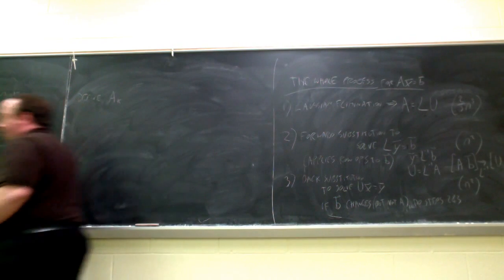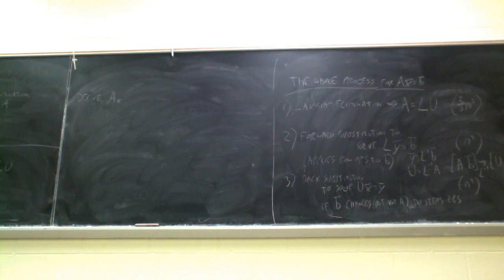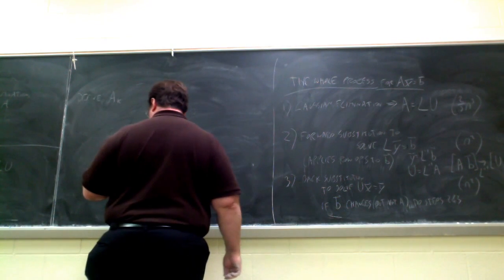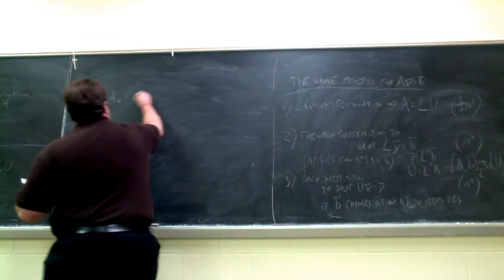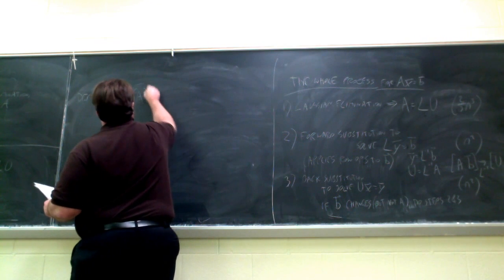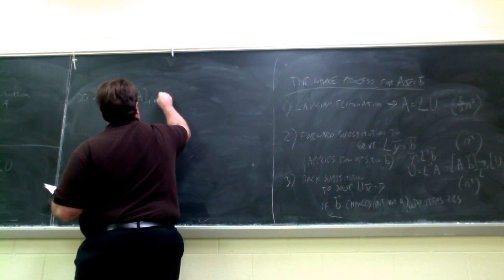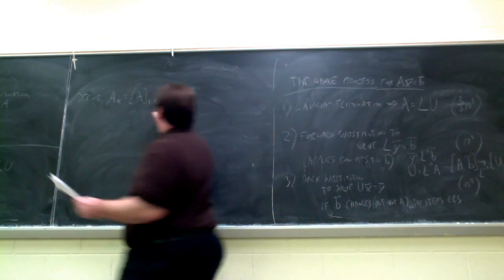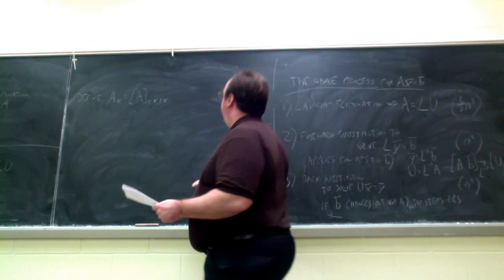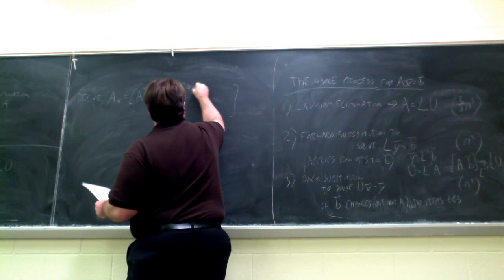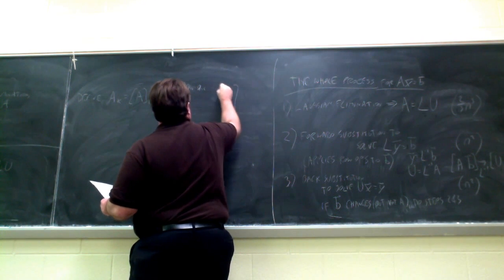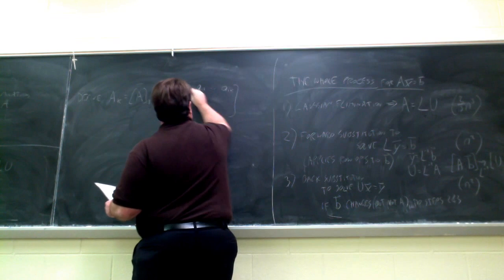So I can find a sequence of matrices. AK will be, using MATLAB notation, rows and columns 1 through K. So we take the upper left K by K block.